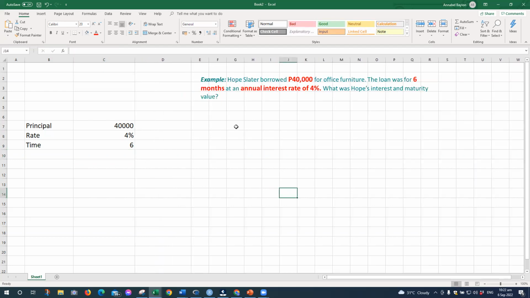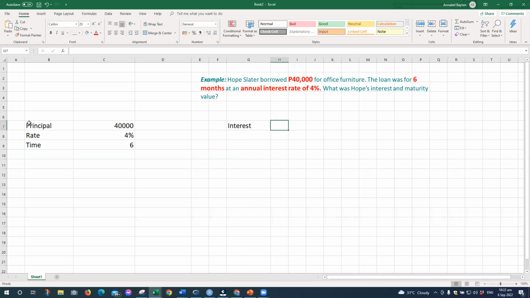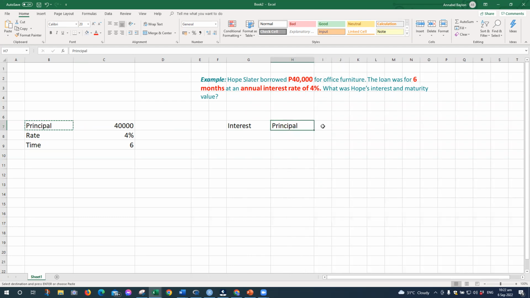So we said that the formula to compute for the interest will simply be the product of your principal times rate times time.